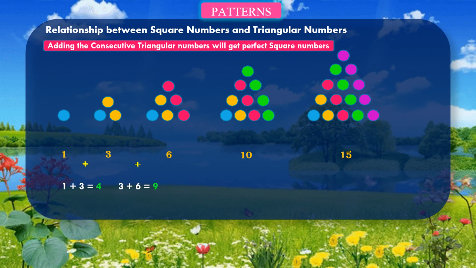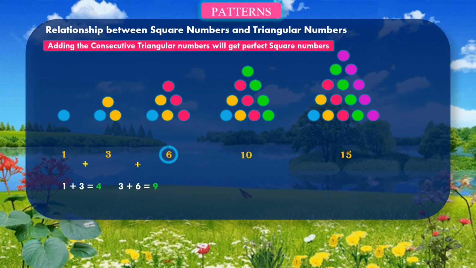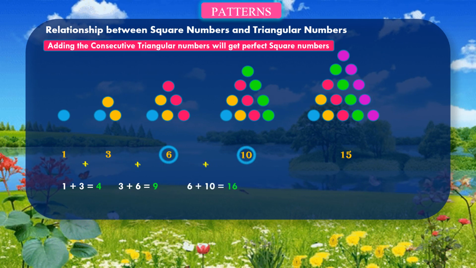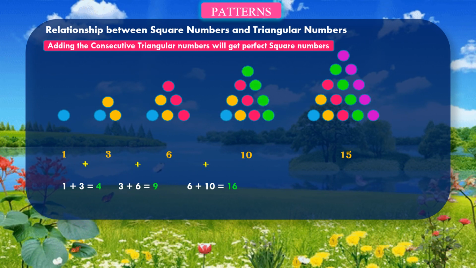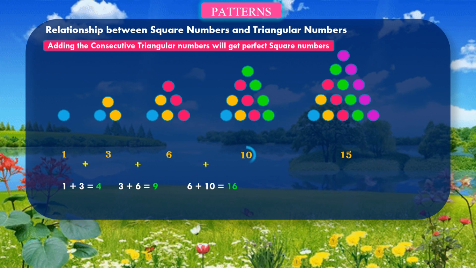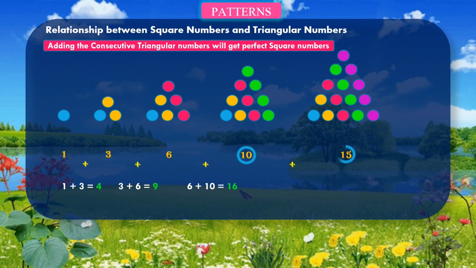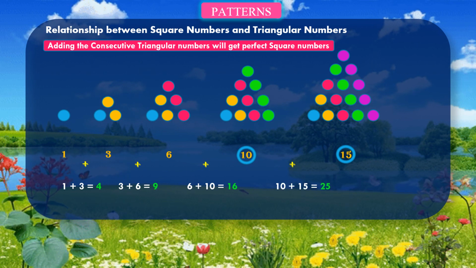Then we add 6 and 10. That is 6 plus 10 is equal to 16. Next we add 10 and 15. That is 10 plus 15 is equal to 25.